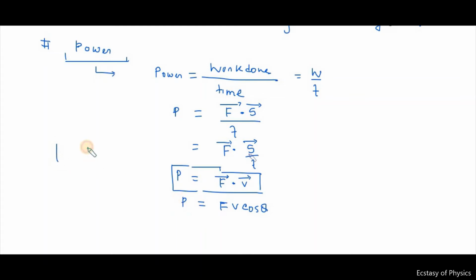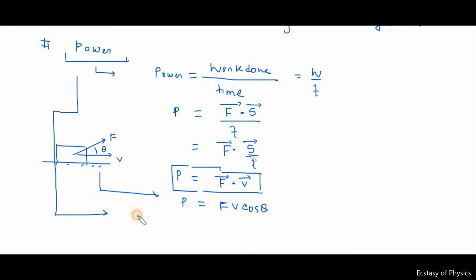Now, how can it be expressed by a diagram? On any object, if you provide a certain amount of force and the object moves with a certain velocity, and an angle is formed between the directions of velocity and the applied force, then the power can be defined by the formula P equals F into V into cosine of theta, where theta represents the angle between the directions of force applied and velocity. Power is a scalar quantity.